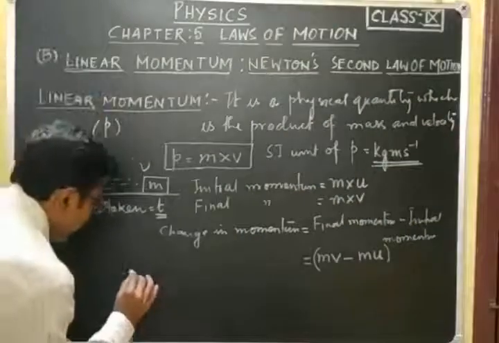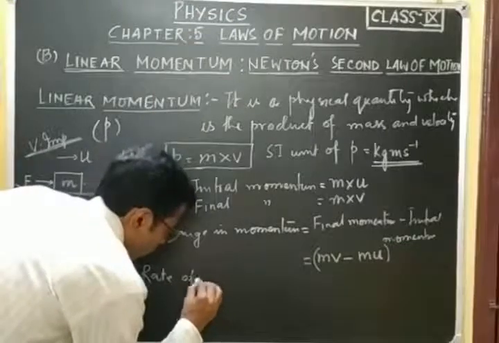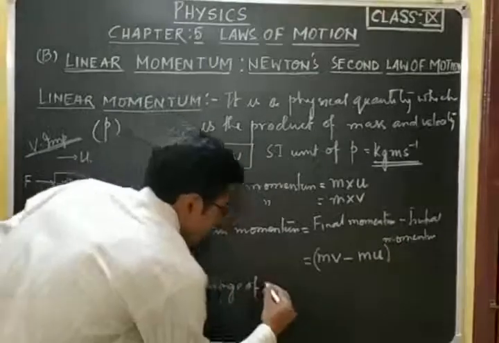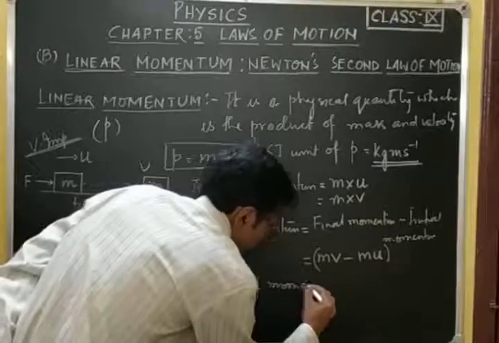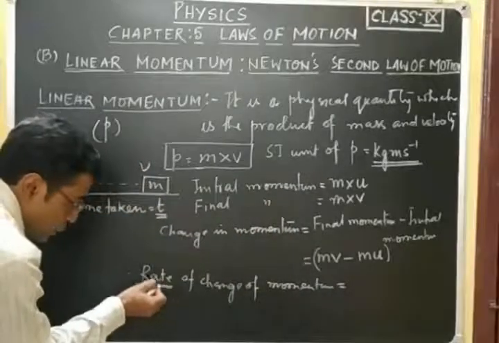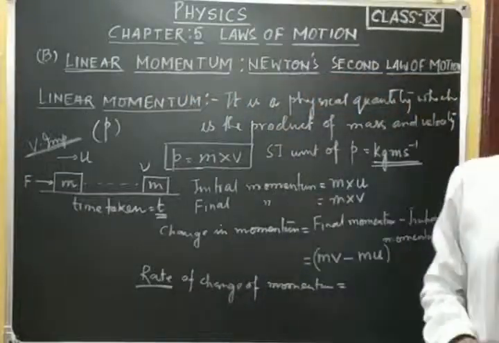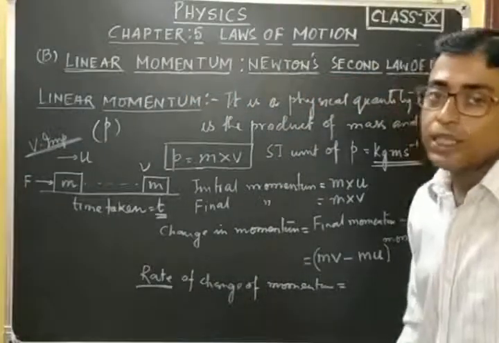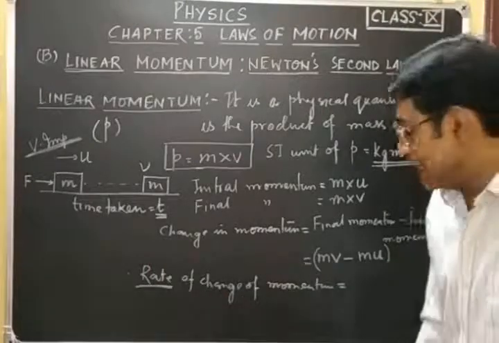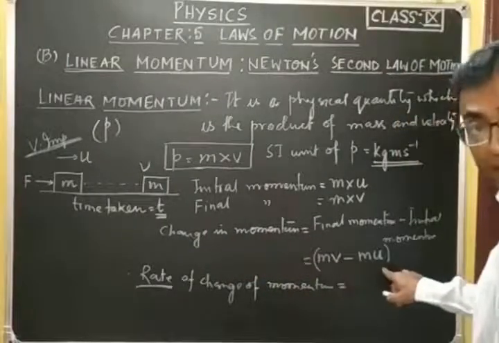Therefore, I can write rate of change of momentum. Remember this word rate. When you divide any physical quantity by time, what you obtain is the rate. So this is the change in momentum, mv minus mu.